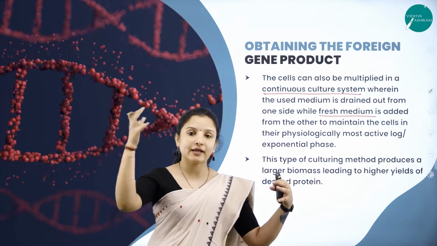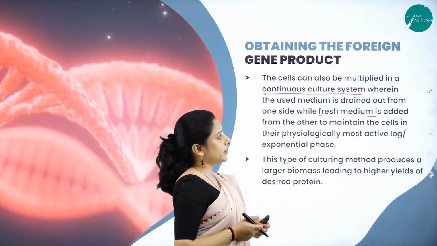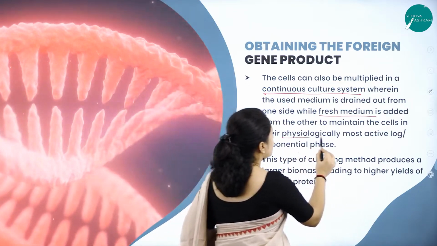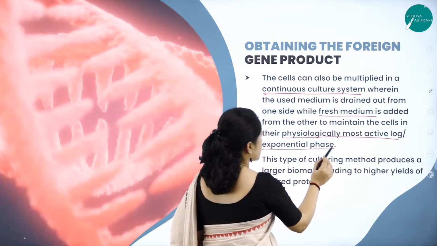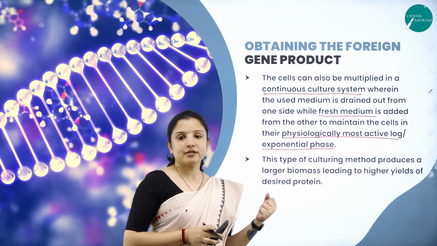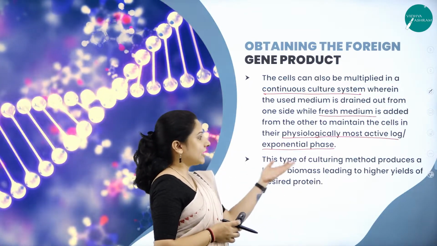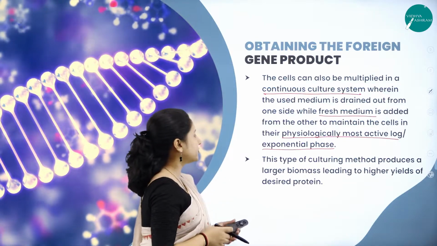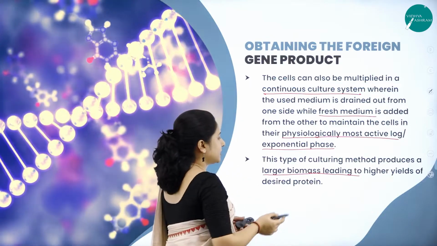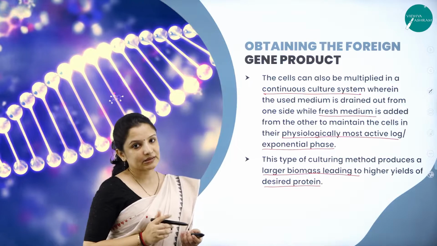As it is drained out, again and again the fresh medium gets added, to maintain the cells in their physiologically most active log or exponential phase. So we need cells which are in the growth phase, the log phase or the exponential phase. Such cells will be collected, and this type of culturing method produces a large biomass of the genes of our interest, therefore leading to high production of the desired proteins that we need.